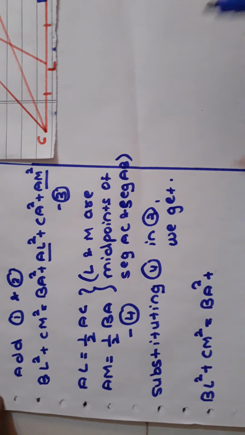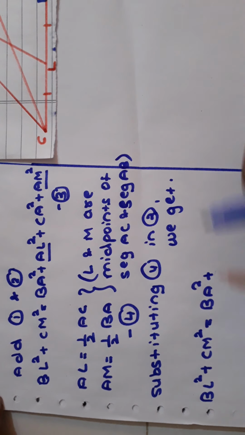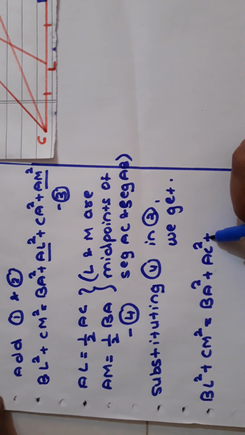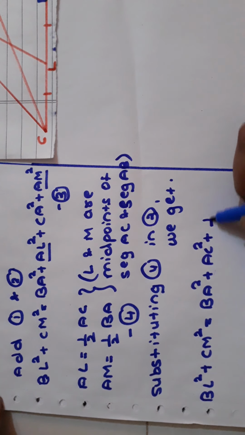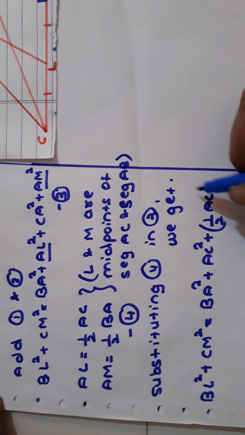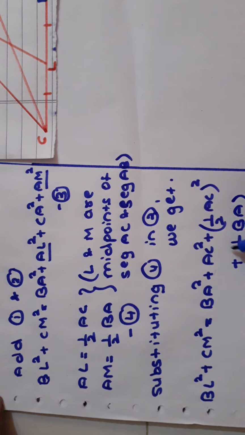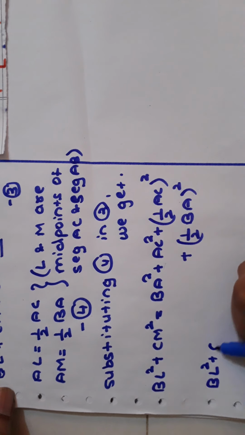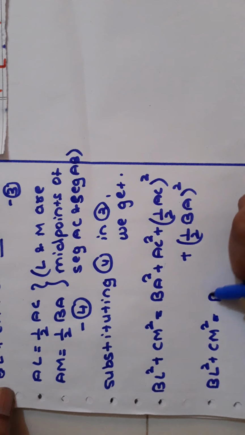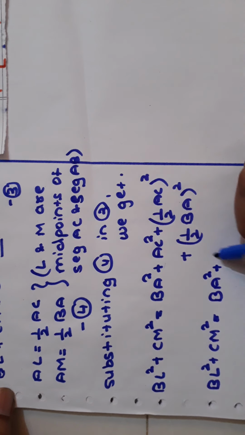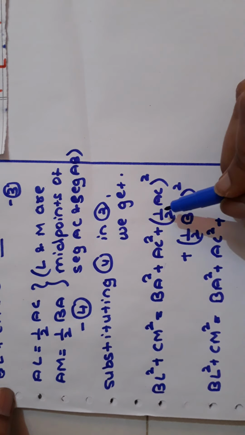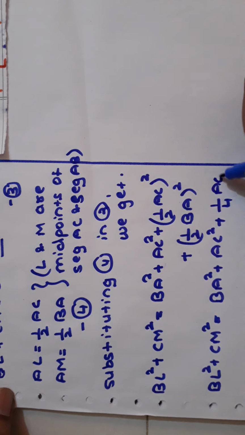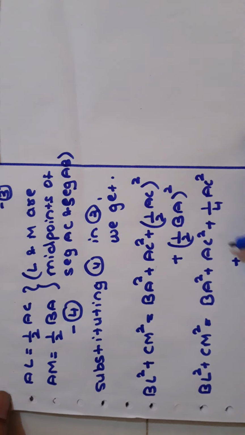AC square I am taking on this side, and CA square I am writing as AC square. AL is half of AC and AM is half of BA. Simplifying, law of indices, 1 by 4 AC square plus 1 by 4 BA square.